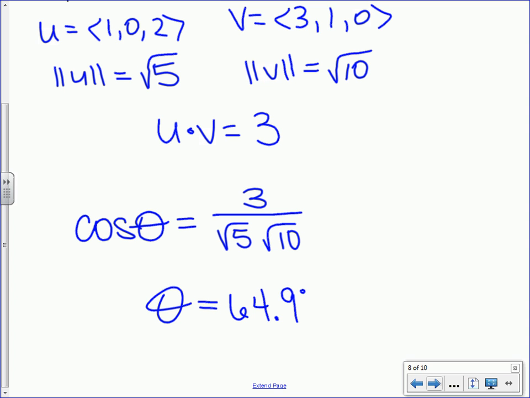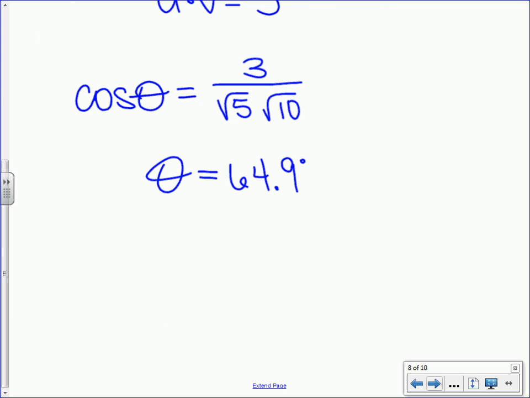Okay, you can't write 3 divided by square root of 5 times square root of 10 unless these are in parentheses. So what I would do, Joey, I would just say 3 over radical 50. The important thing is that you try, the more important thing is that you fail.